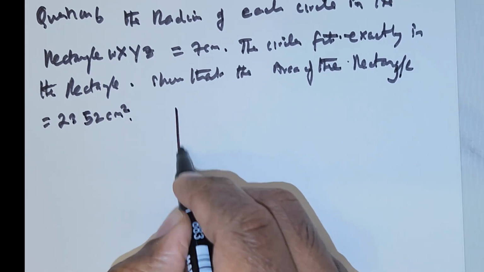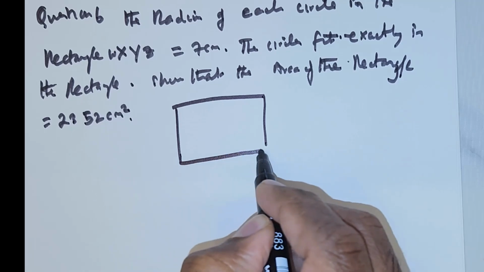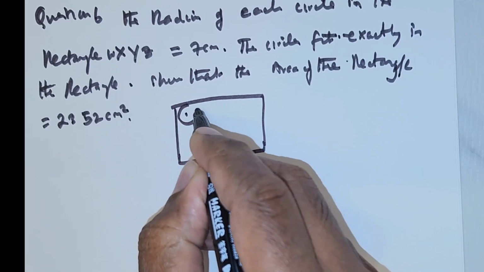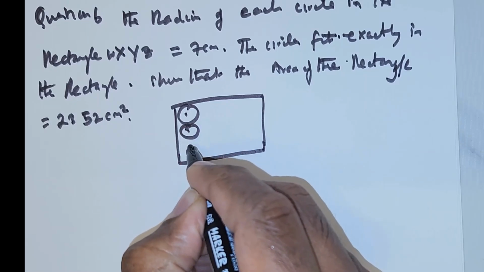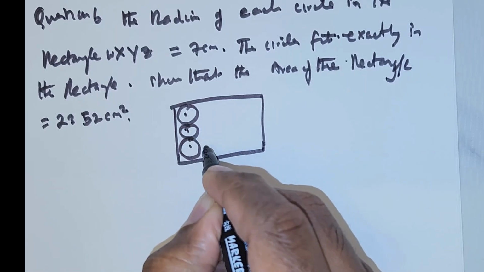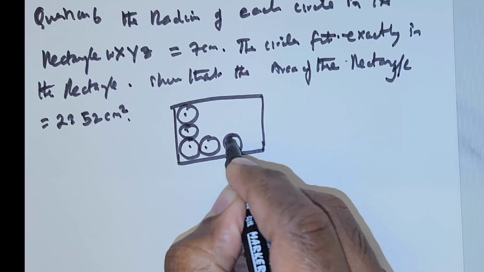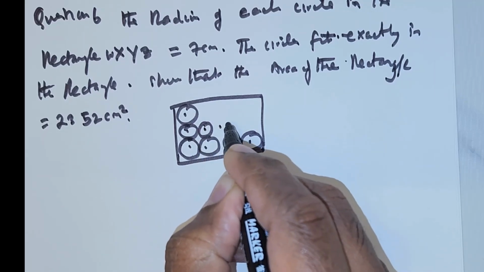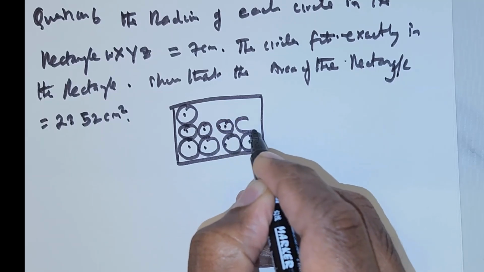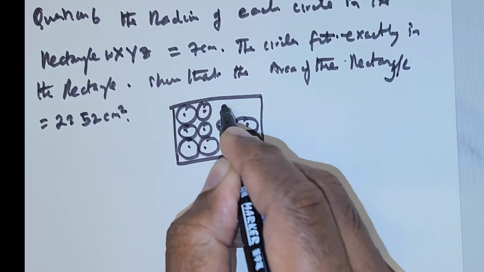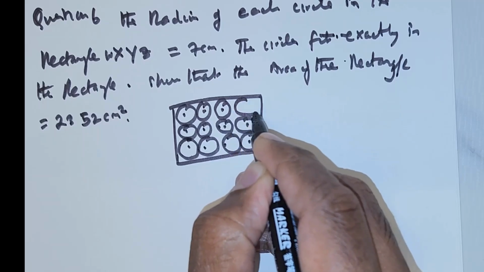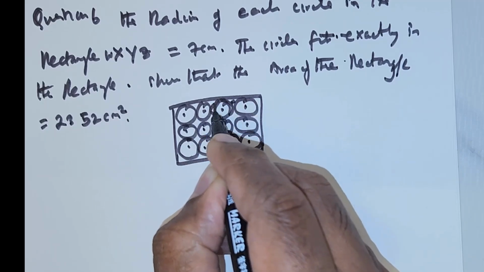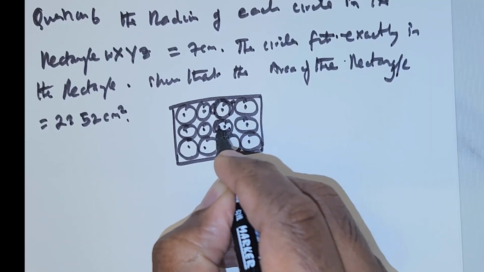Now if you see the image, you have circles given like this. Now all these circles are actually connected. Okay, so they are touching each other.